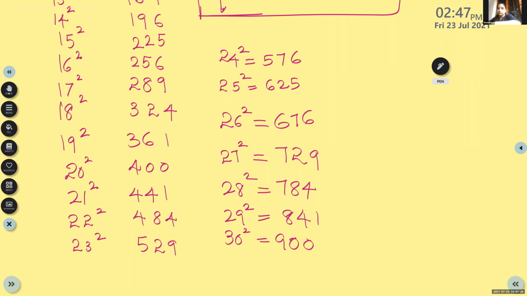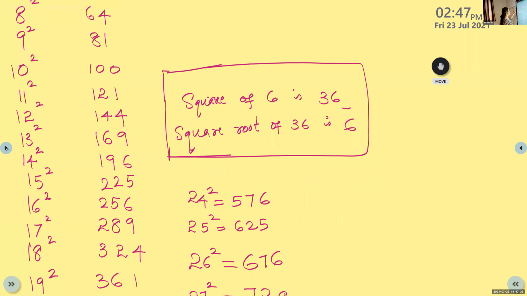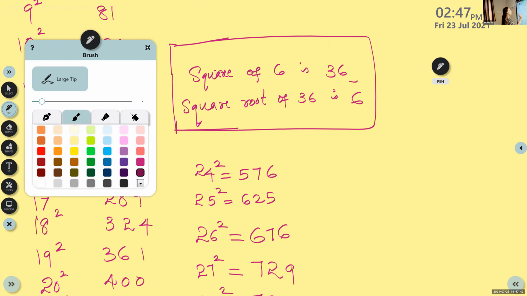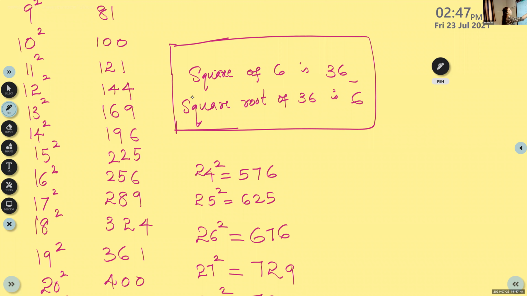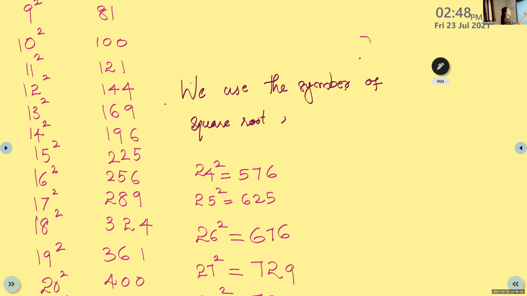Shall I scroll the board? Okay. Yes, ma'am. Square of 6 is 36. So square root of 36 is 6. Okay, children. And we use the symbol of square root, drawn like this.